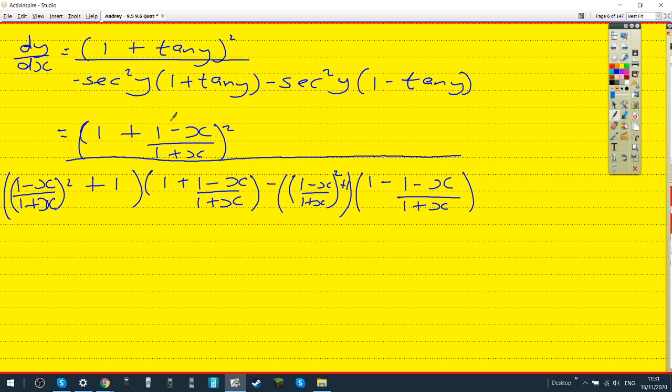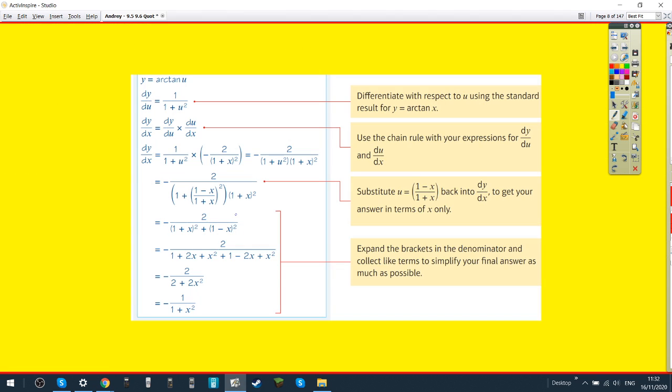Wherever there's a tan y, we replace it with 1 minus x over 1 plus x. And I'm sure that can be heavily simplified, but I won't, because if you need to find the gradient, you just sub it in for x. But if needs be, wow, it really does simplify down. Minus 1 over 1 plus x squared. There you go.